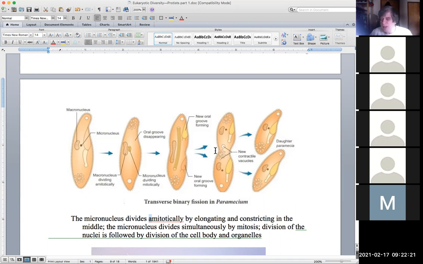So notice that this fourth picture over here is similar to what we talk about when we're looking at, say, human cells, when we talk about cytokinesis. Now, eventually, we have two cells, and the two cells separate, and they go their own way.